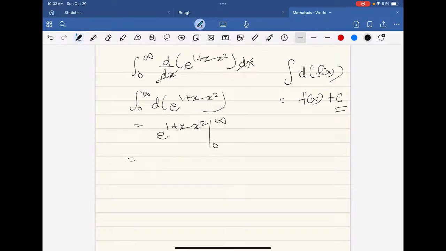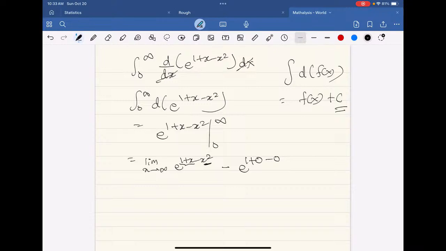Now how will we deal with this one? Now we will have the limit as x goes to infinity of e to the power 1 plus x minus x square, minus the value at 0. We can just directly substitute this, right? Notice that x square will be bigger than 1 plus x.